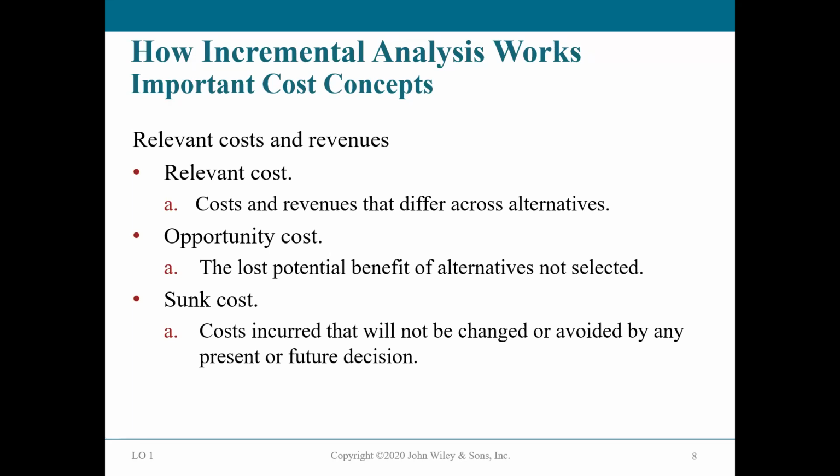And sunk costs are costs that are incurred no matter what. So it doesn't matter what decision you're going to make, you've already paid it. An example of that most commonly is about capital equipment. If you have a truck and decision A uses the truck, decision B does not, but you can't sell the truck, it is a sunk cost because you're going to have it no matter what you do.